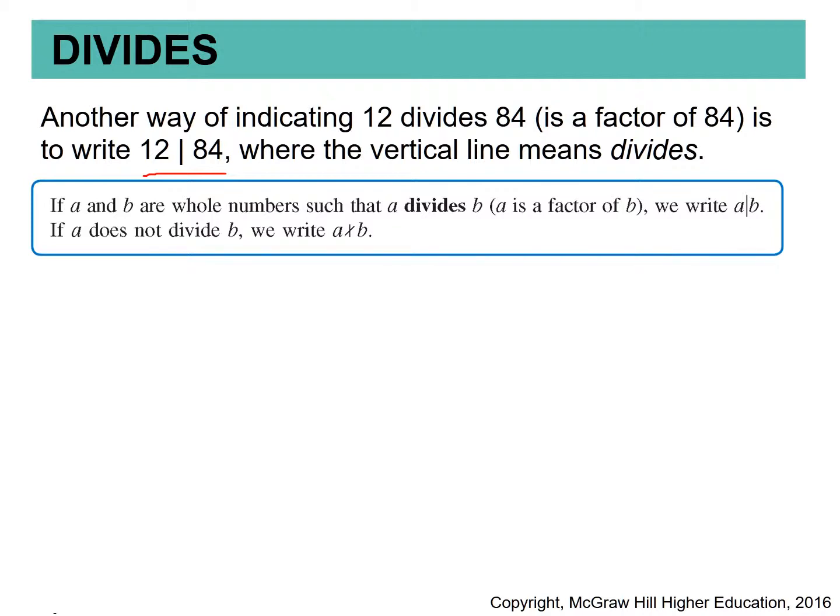So putting this in a symbolic definition, if a and b are whole numbers such that a divides b, which means a is a factor of b, then we write a | b. This is not slanted, this is just an upright vertical line. If a doesn't divide b, if it doesn't go evenly into b, we just write a ∤ b, doesn't divide.